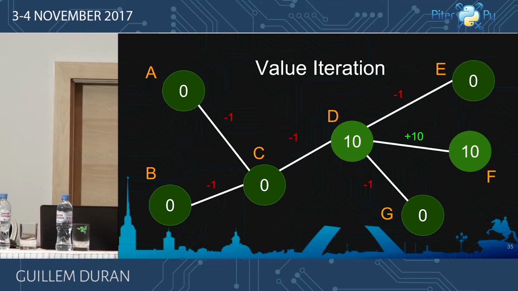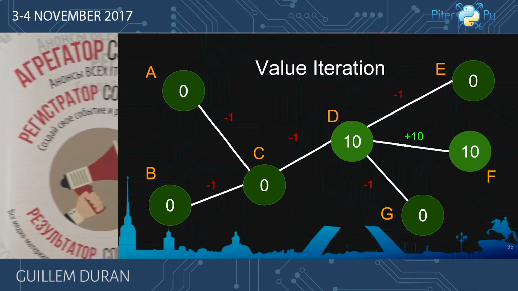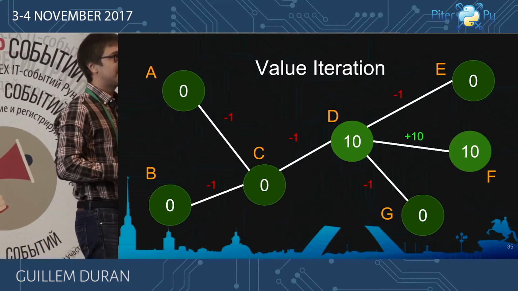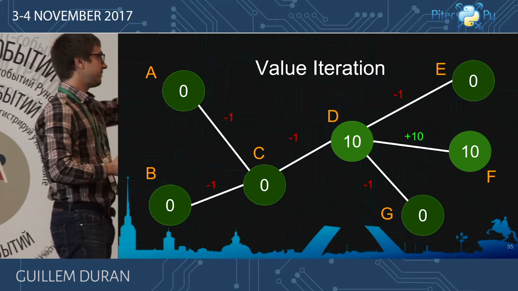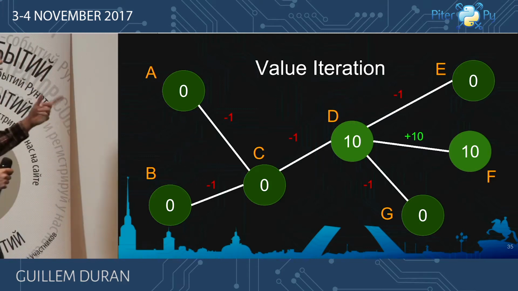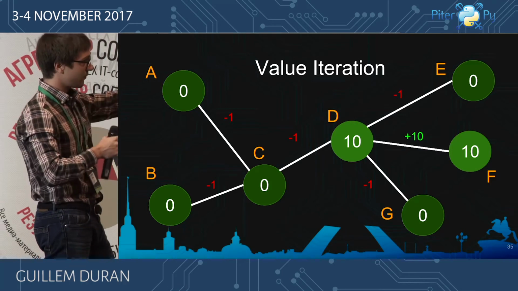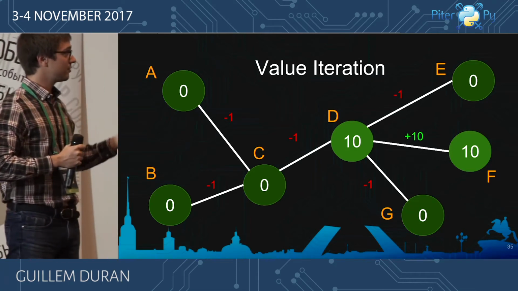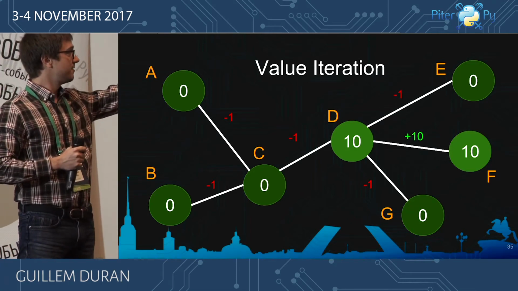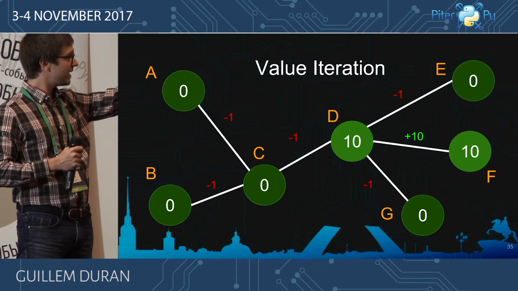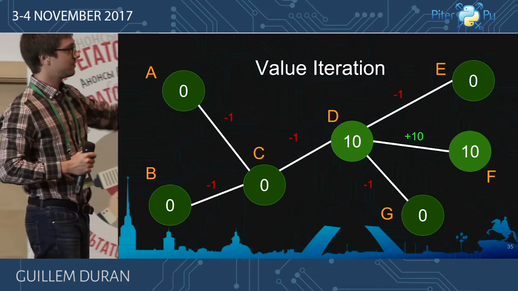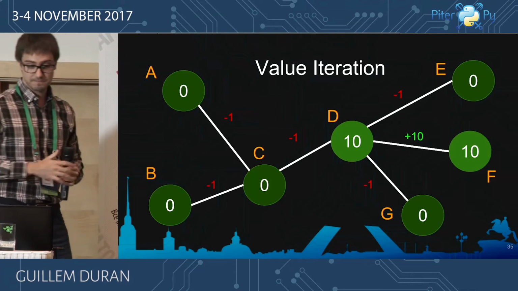We need to look at all the states available and get the maximum value function available plus the reward to get there. If each one of the nodes is labeled with 0, we only take into account the rewards to get to a given node. So in the end, D would see 10 points to go to F, and F would see 10 points to go to D. So we update the value function.